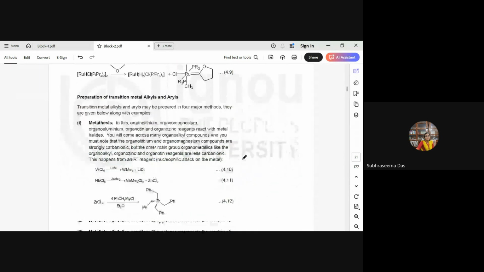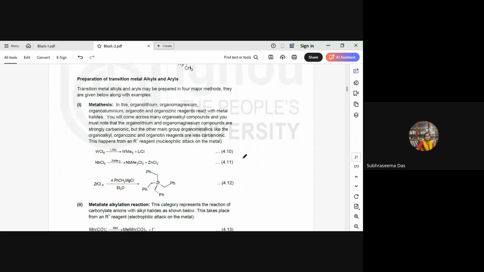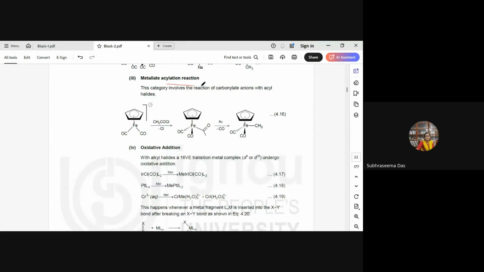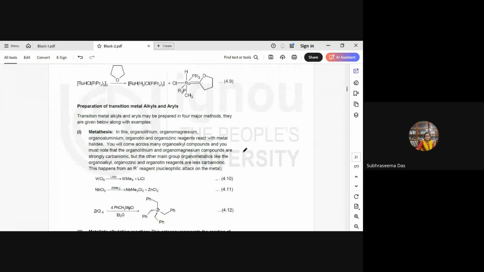Then preparation of transition metal alkyls and aryls. They can be prepared by 4 major processes. One is metathesis, the second is the metallate alkylation reaction, the third is the metallate acylation, and the fourth is oxidative addition.